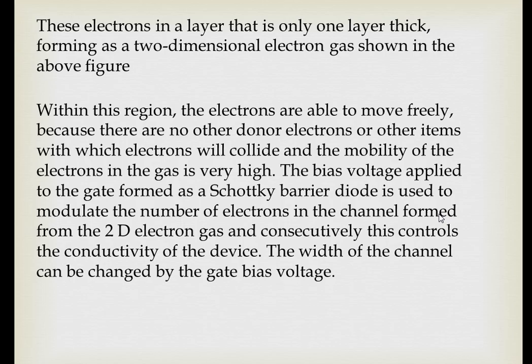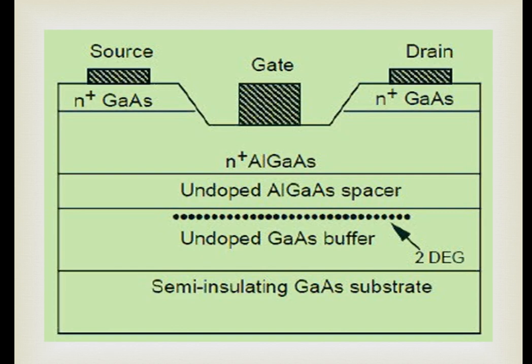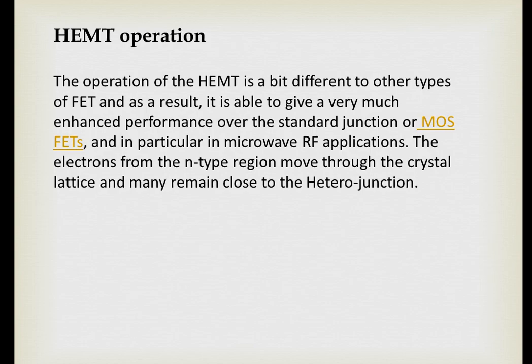So if you observe the construction, the construction is like this, and if you go for the operation, the operation of the HEMT is a bit different to other types of FET. As a result, it is able to give very much enhanced performance over the standard junction.